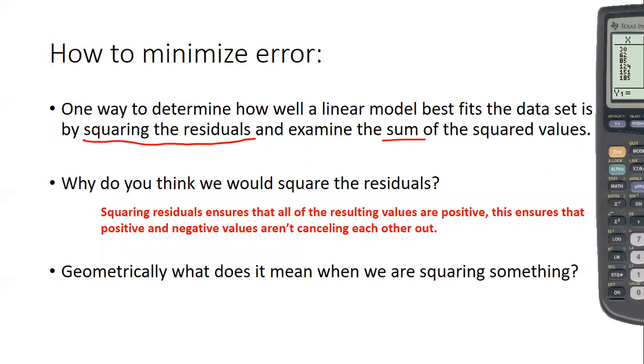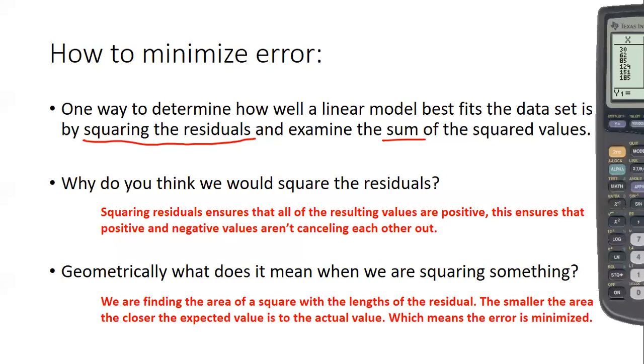Now I want you to think back to geometry. In geometry, when you were squaring something, typically, what were you finding? The area of what shape? A square. When you were squaring something, you were typically finding the area of a square.